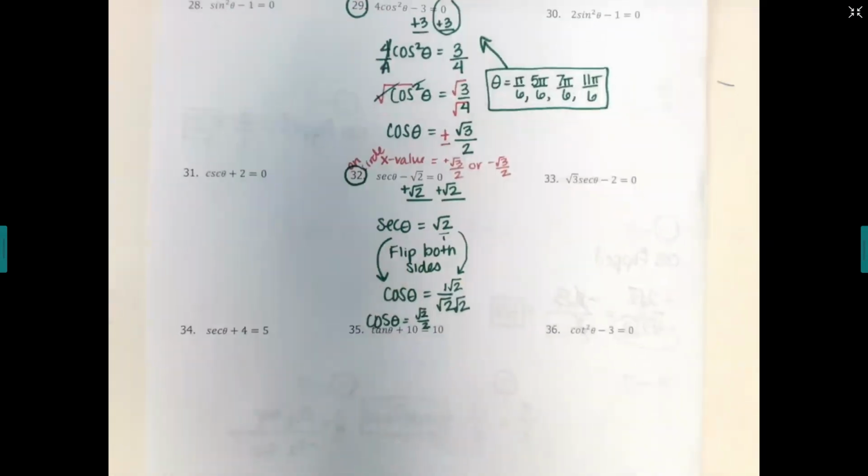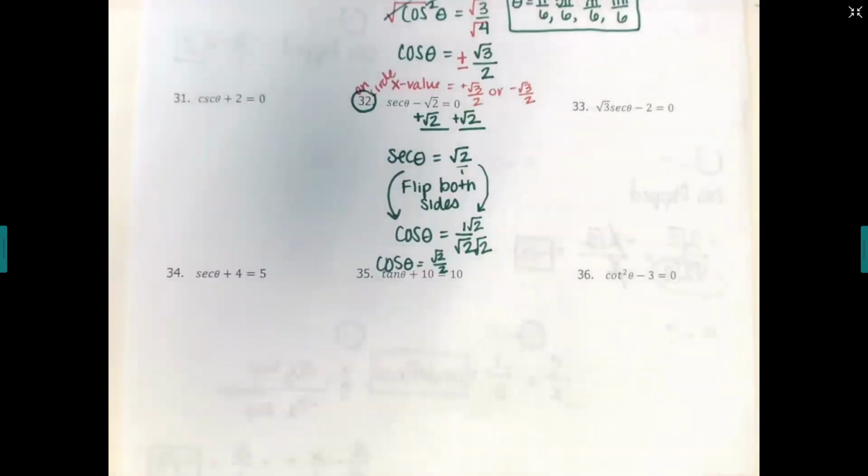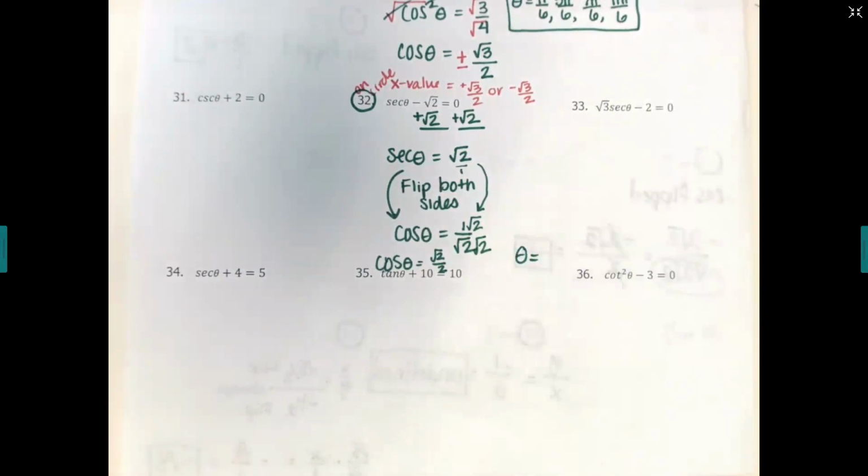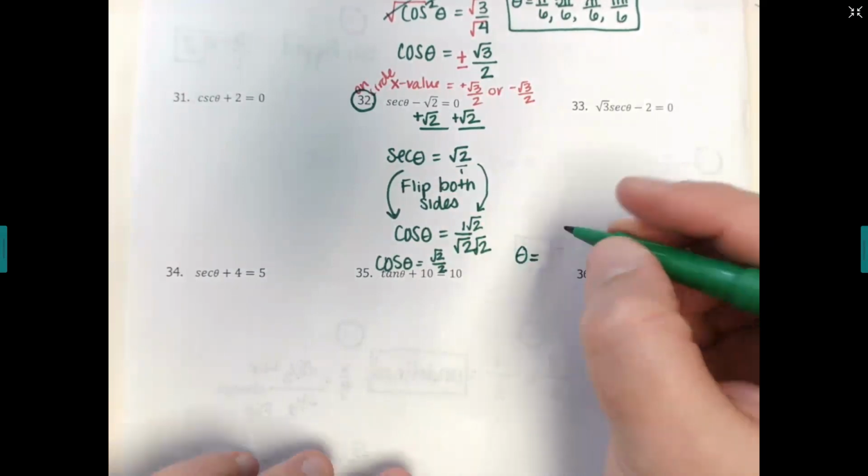Root 2 over 2. And on my circle, if it's a cosine question, am I looking for it as an X or a Y? Cosine theta would be an X. So there should be 2 spots on your circle for this one. Where's the first place that cosine theta is root 2 over 2? Pi over 4.